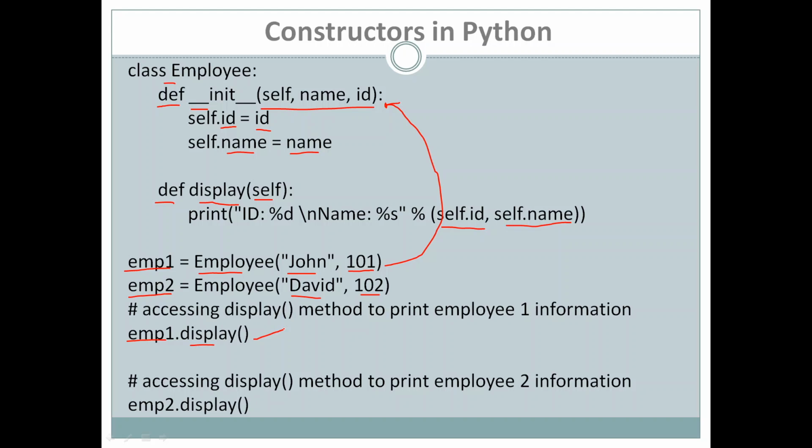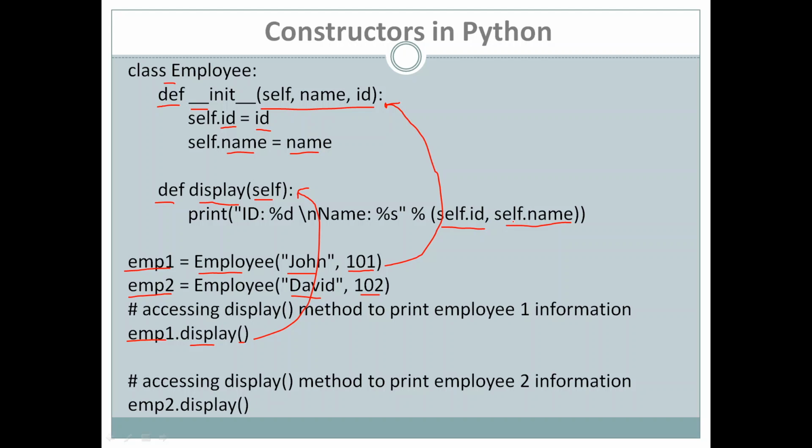Whenever we say emp1.display, it goes to the display function. So you can see no argument is passed. Then at the receiving end we have self as an argument. As I have said earlier, the object name itself is passed as the first argument to the function. So emp1 is passed as the first argument, that is stored in self, and whenever we display, when we say self, that is emp1.id, what we have stored in emp1.id was 101, so it will print 101.